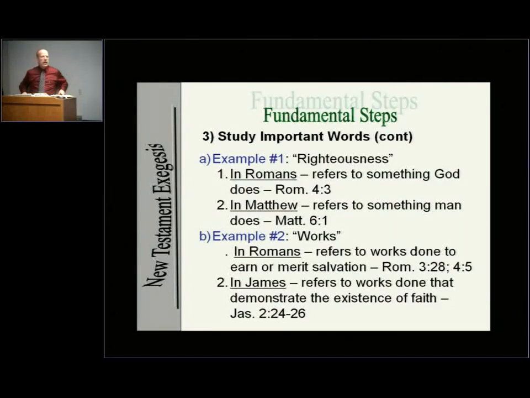So in Romans, the majority of times that Paul refers to works, it's a bad thing. In James, it's a good thing. Well, Martin Luther never understood that. He never saw that the inspired writers were using the same word, but with a different application and meaning.